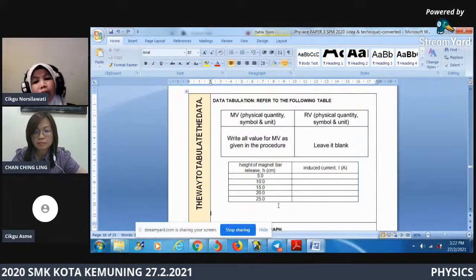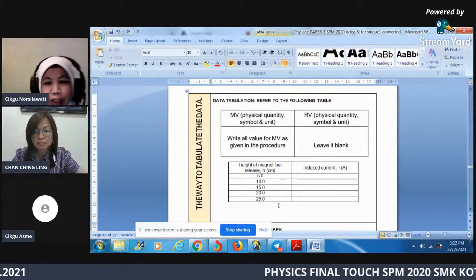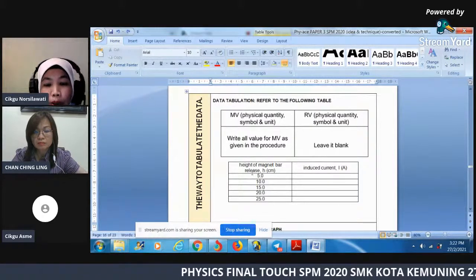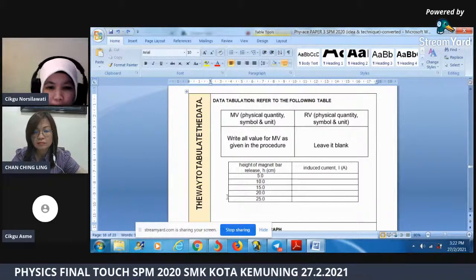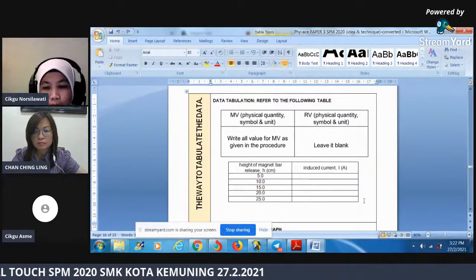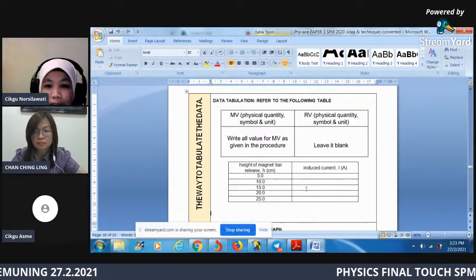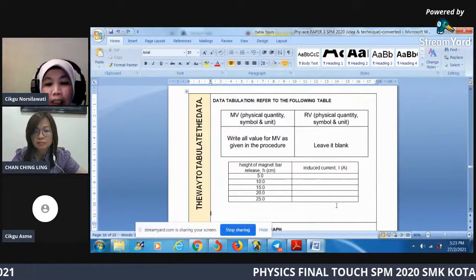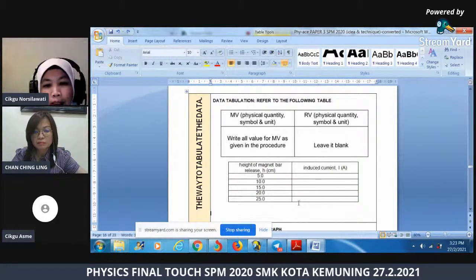And one more thing, untuk pelajar-pelajar sekolah menengah Kota Kemuning juga. Okay, tolong buat table. Okay, ini namanya table, jadual. Okay, bila table maksudnya mesti ada column, mesti ada row. Okay, jangan tinggalkan line ataupun garis-garis untuk membina jadual.